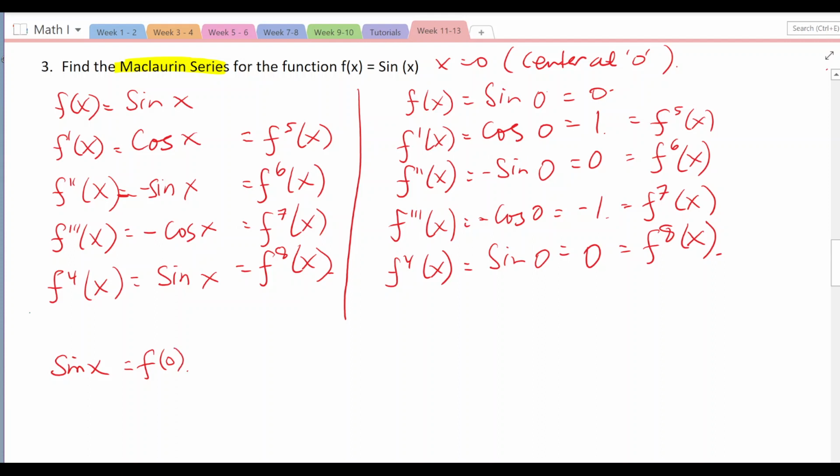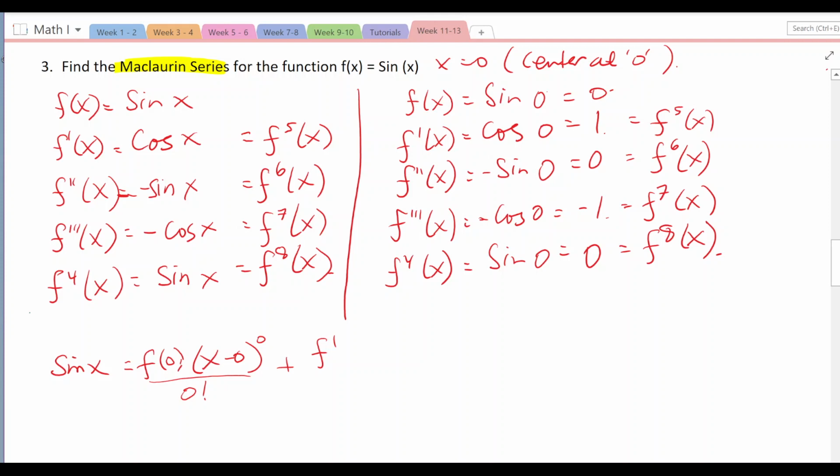And then this is, sorry, not sine x, x only. So x minus 0 to the power of 0 all over 0 factorial, plus the first derivative at x equals 0.